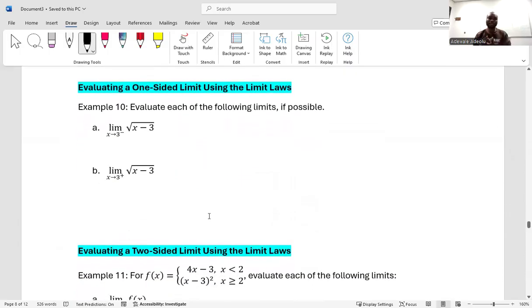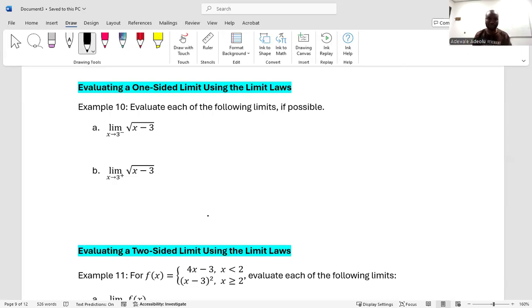Now, let us look at a special case: evaluating a one-sided limit using the limit law. Evaluate each of the following limits if possible. We know what a one-sided limit is.